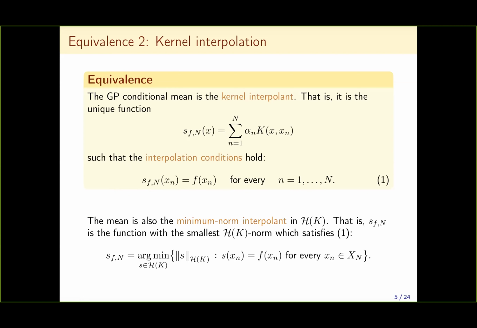Furthermore, you can show that the conditional mean is the minimum norm interpolant in the RKHS, which means that the conditional mean is the RKHS function with the smallest norm, such that it satisfies these interpolation conditions. In some sense, it's the smoothest possible interpolant if you want to interpret the size of the RKHS norm as telling you something about the smoothness of the function.